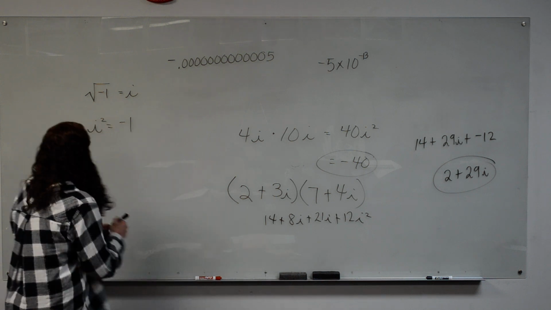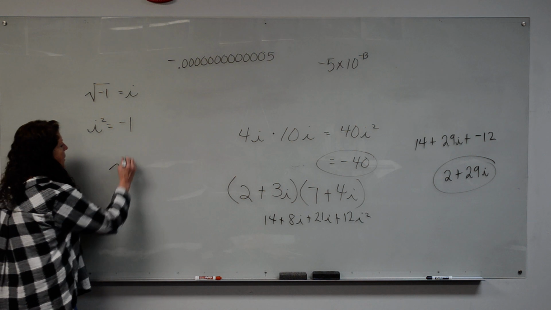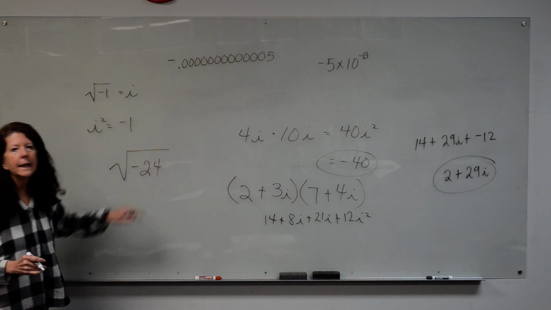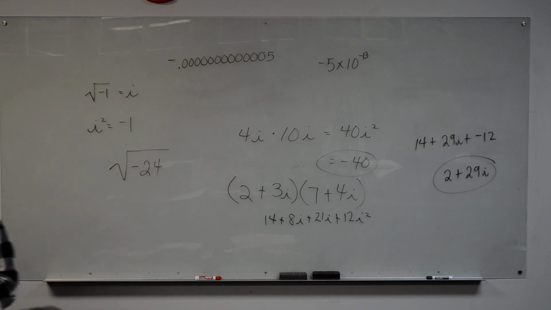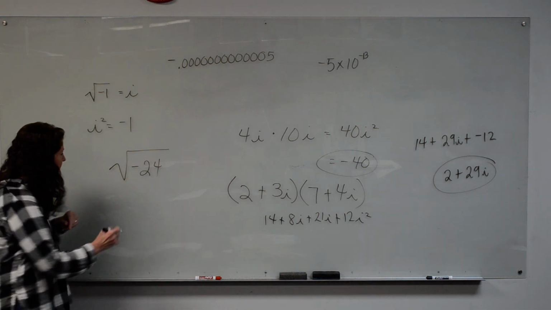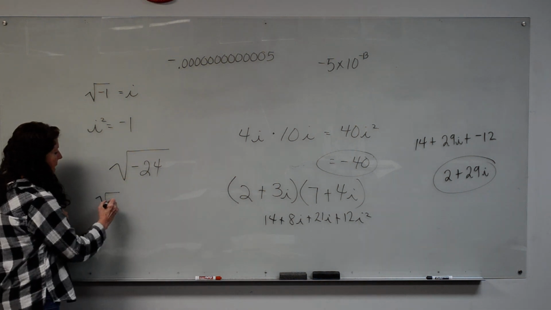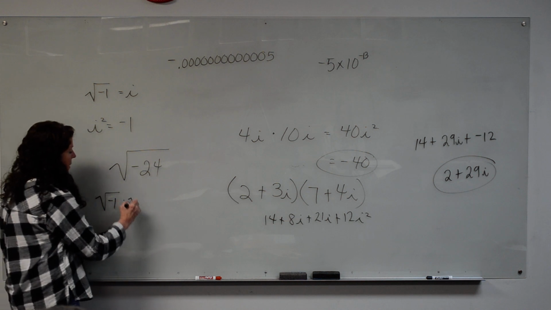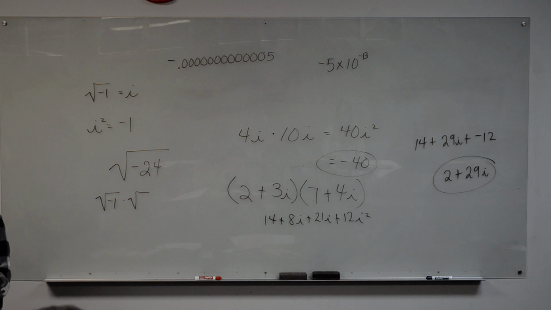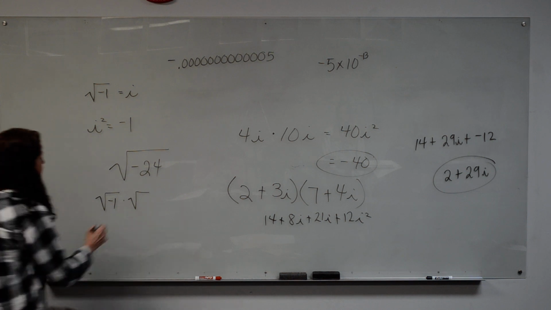Simplifying, make sure that if I have a square root of a negative, let's say negative 24, I can't do that on my calculator because the square root of 24 doesn't come out to be a whole number. So what I have to do is look at this as the square root of negative 1 times, what can I multiply together to get 24 that I can take a square root of? 4 and 6.